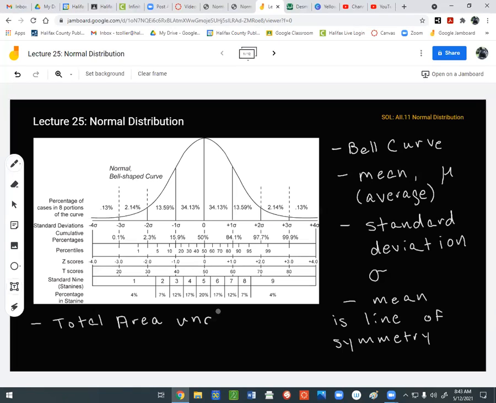So the total area under the curve is 1. One more thing that you should know about this, the normal distribution is going to follow what's called the 3 sigma rule.